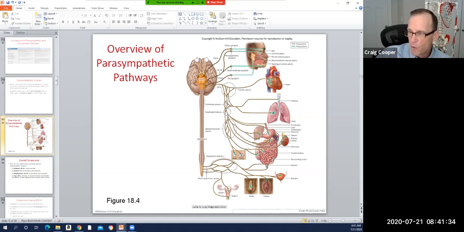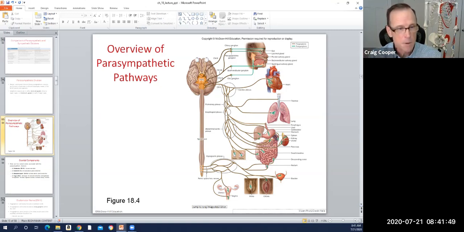When we look at the reproductive organs, the effects of the parasympathetic are typically going to be excitatory as well. Again, it's trying to just help those organs do their job so that when they are needed to help make a new human, they've already done the background work to be ready for that. So in the case of the men, they will have already made sperm cells.